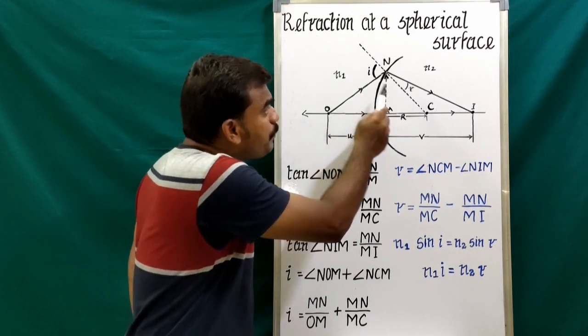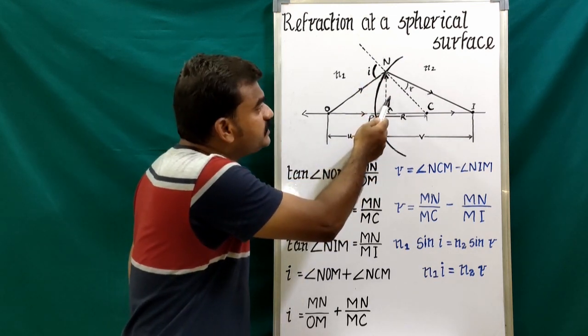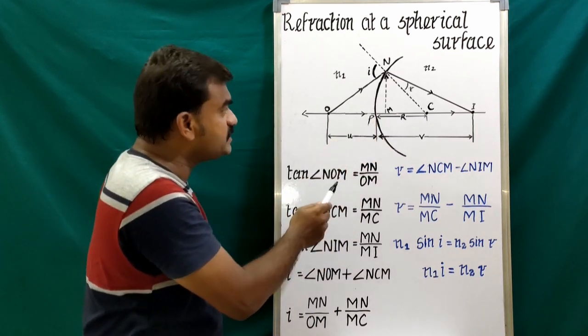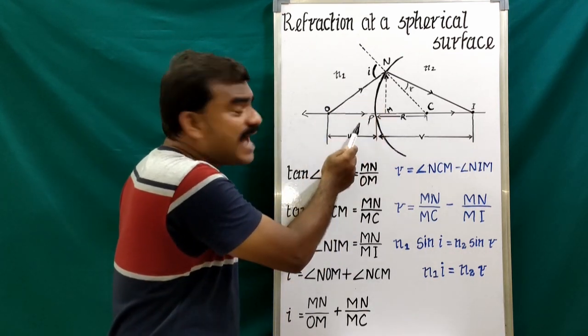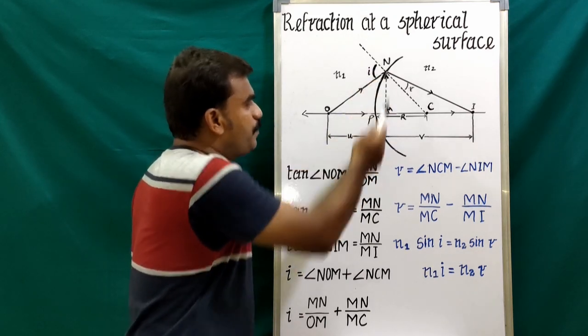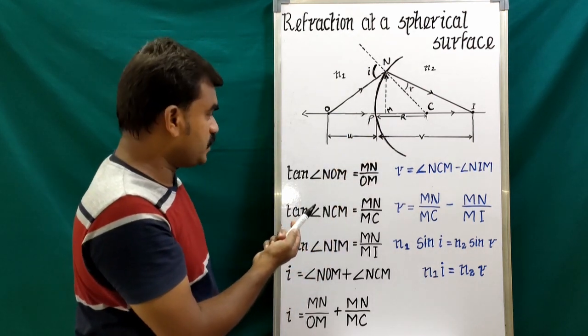This is the formula. This is the angle, and we need this angle. For this angle, what is the opposite side? MN. So this is the opposite side and this is the adjacent side, OM. So tan theta is equal to opposite side by adjacent side, that is MN by OM.